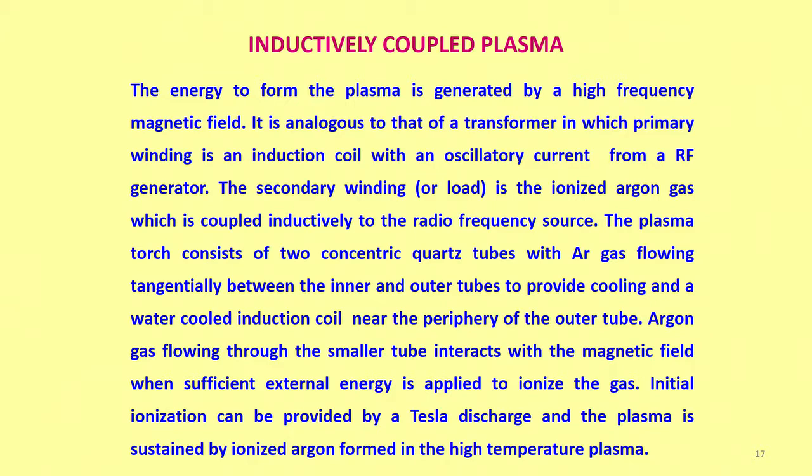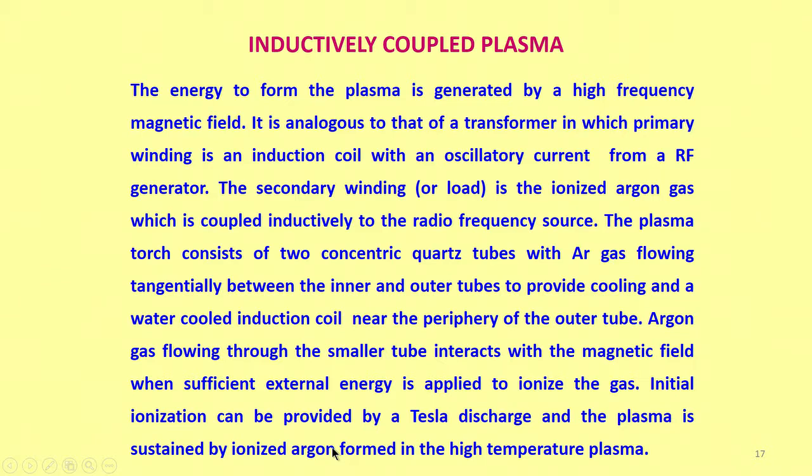Plasma is generated from the gas ions. Okay. Some gas is ionized, the remaining extra gas is used for cooling. Beautiful arrangement. So, initial ionization can be provided by a Tesla discharge, magnetic discharge, and the plasma is sustained by ionized argon.